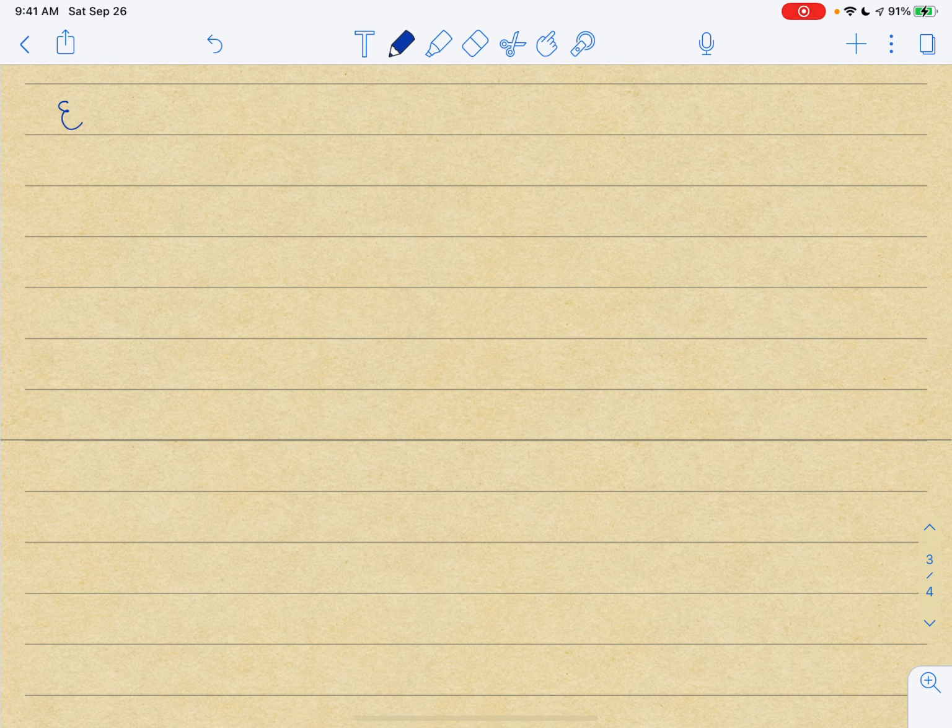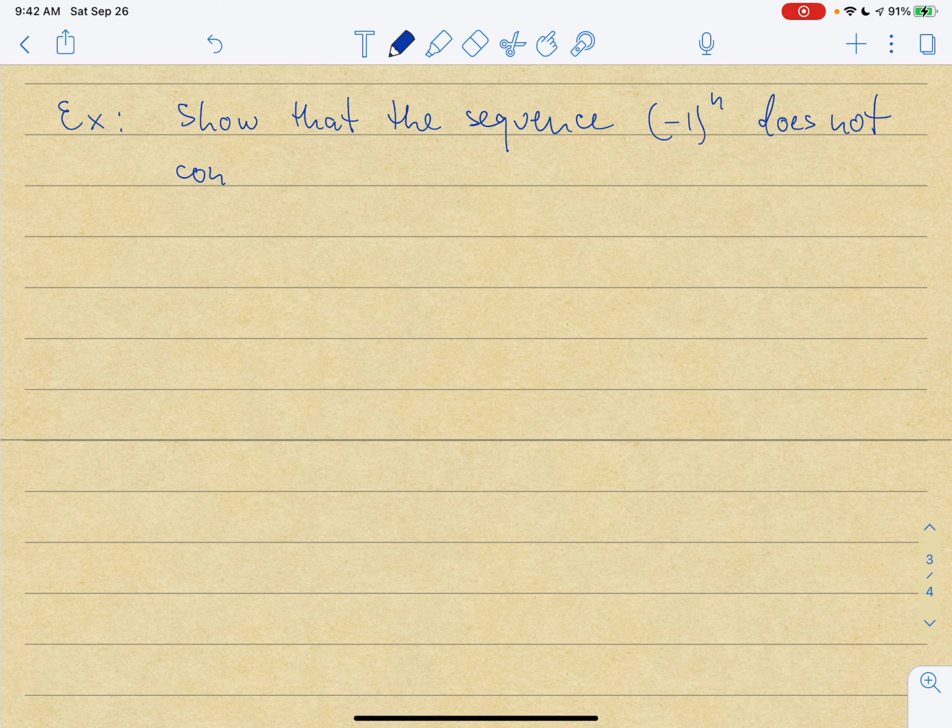All right, so I want to show that the sequence Sn equal to -1 to the n does not converge, as we asserted in the beginning when I gave you examples of sequences.